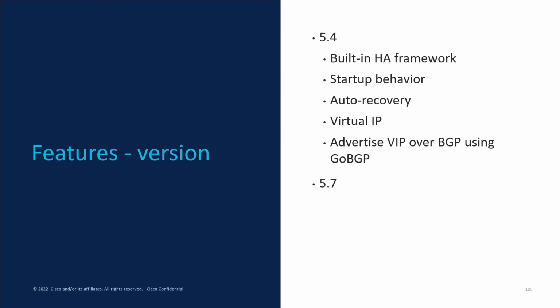Then we had a few versions, and in NSO 5.7, I would say we did the most important change we have done, and that is we added a rule-based consensus algorithm to avoid split brain. Split brain has, I would say, probably been the most annoying behavior we had with the HA.